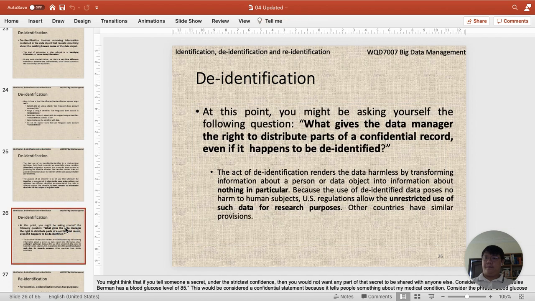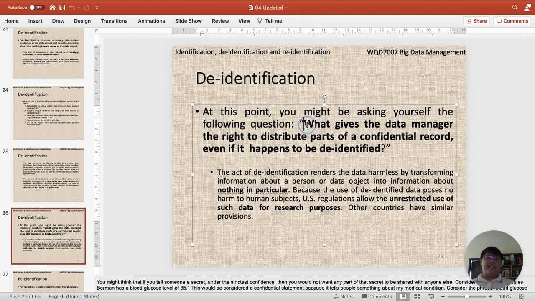So at this point, you might be asking yourself one question: what gives the data manager the right to distribute parts of the confidential record even if it happens to be de-identified? This is what a data manager needs to justify, where the confidential record that you distribute for research purposes, development purposes, or any purposes, maybe data collection for certain kinds of analytics.